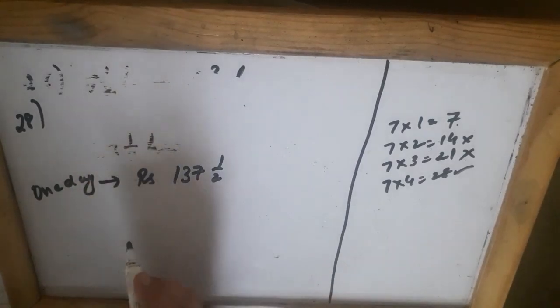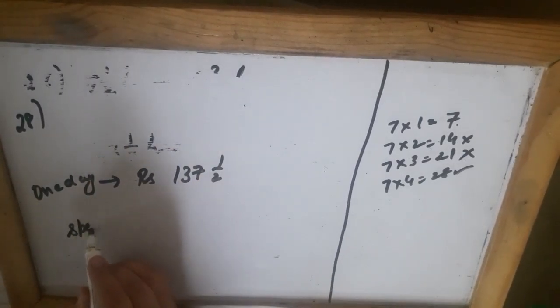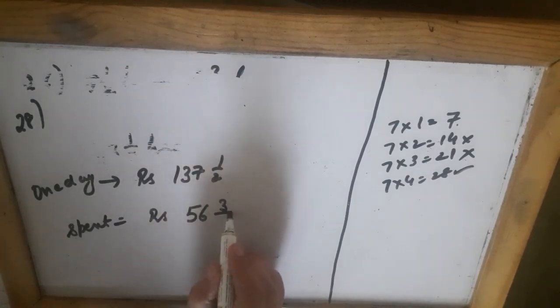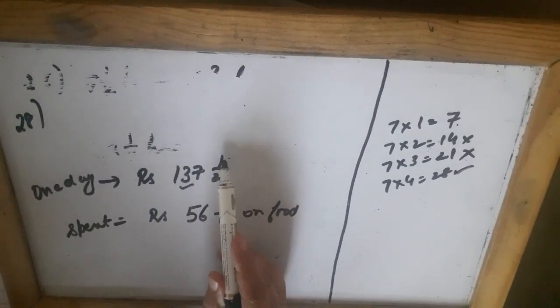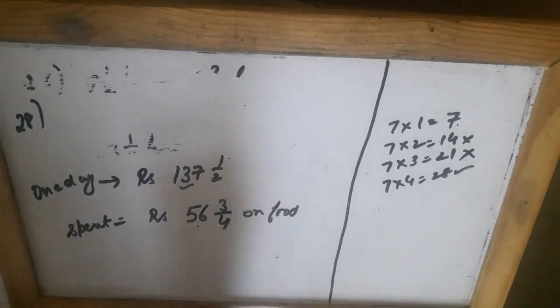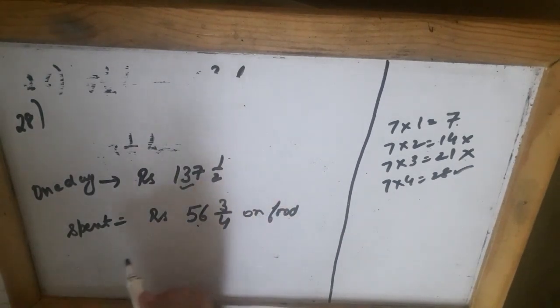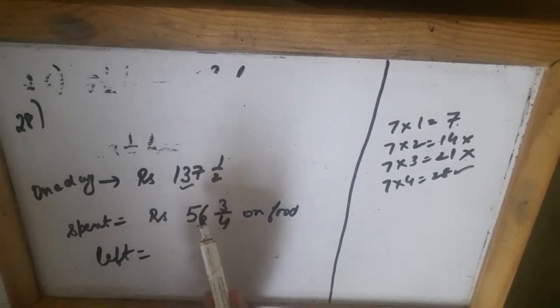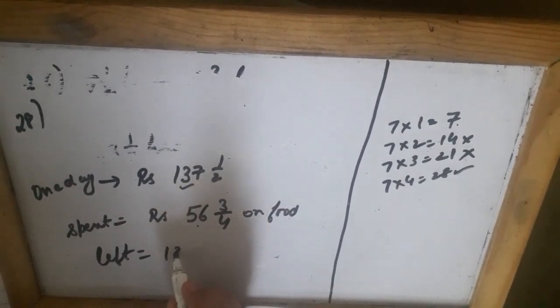Okay, so out of this he spends rupees 56/3/4 on food. ठीक है, so he earns rupees 137.5 and he spends 56/3/4 rupees. How much money is left with him? So कितना money उसके पास बच जाता है, how much money is left with him?